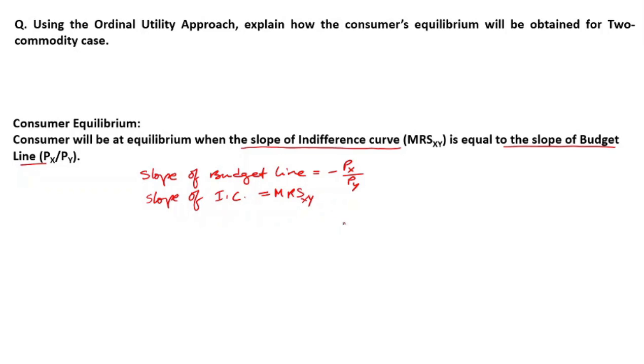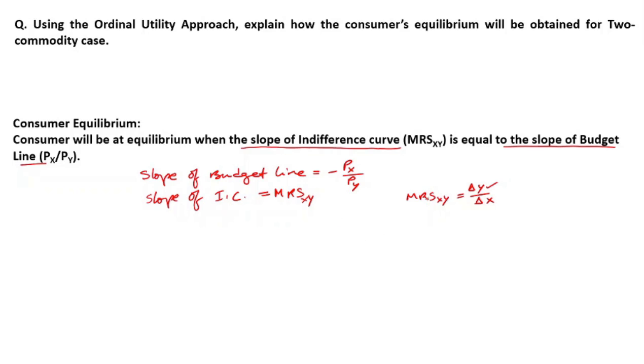The formula for MRS is change in y divided by change in x, that is the units of commodity y to be sacrificed in order to consume one extra unit of x.